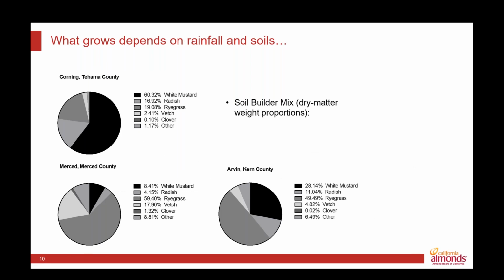This is just one example, but using the soil builder mix, from north to south, the ratios of what actually ended up growing varied quite a bit, depending on where you were. And I think this is one of the key questions that's still a hurdle for growers, really having good information about which kinds of cover crops will work well for their particular locations, particularly with water uncertainty.